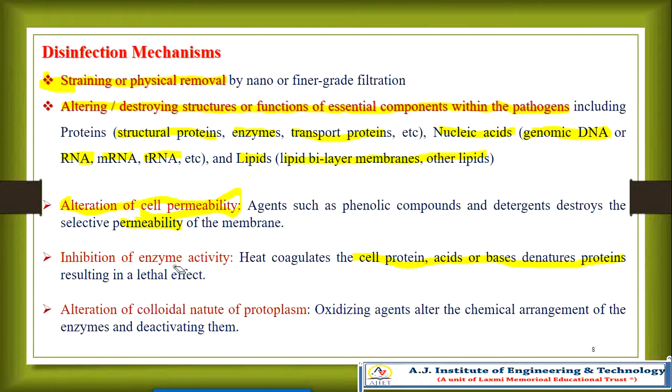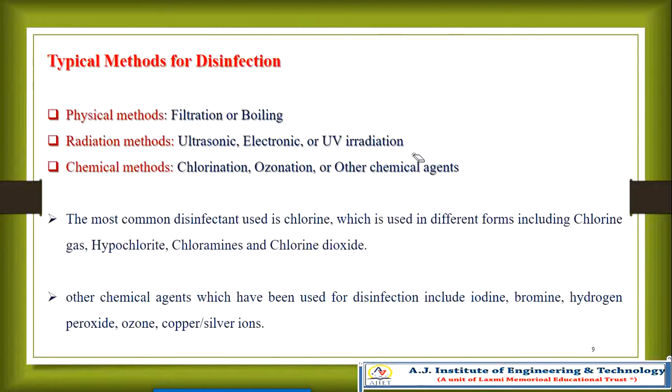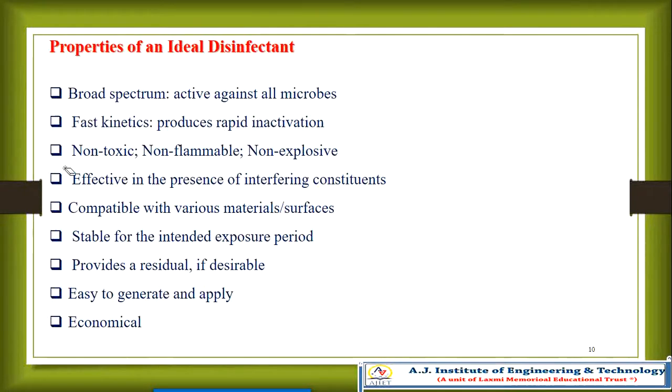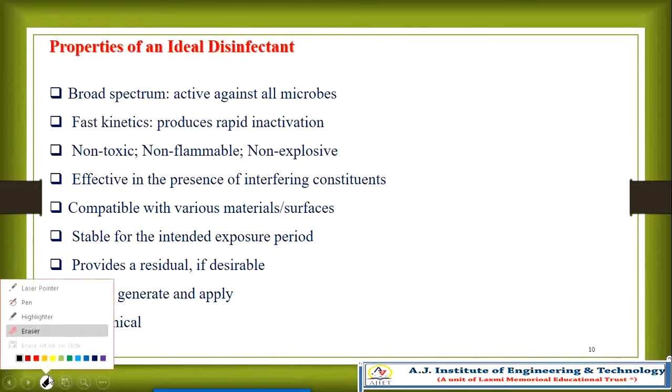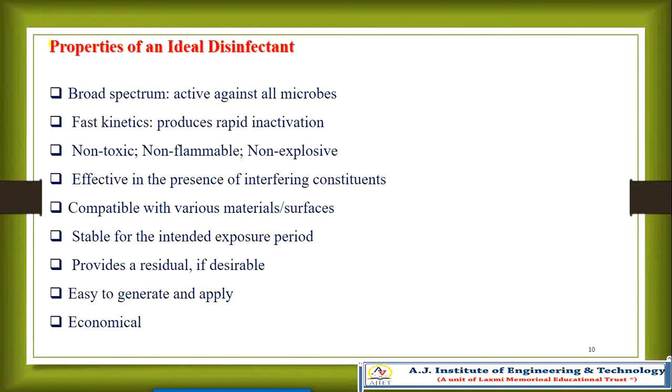Okay. Now if we move to another slide, that is the properties of a disinfectant. What properties should an ideal disinfectant have?